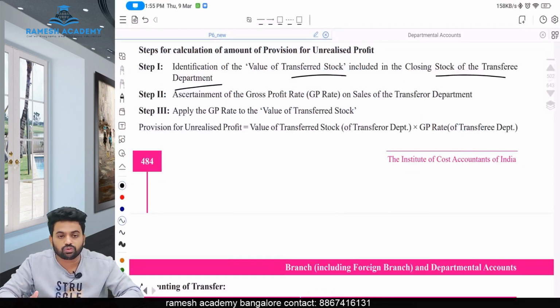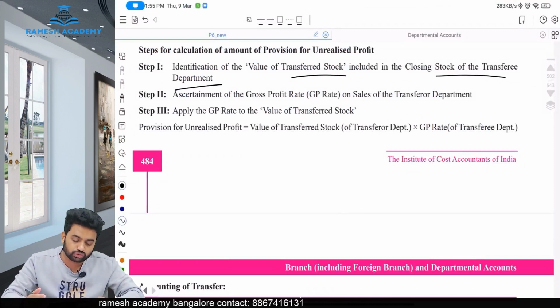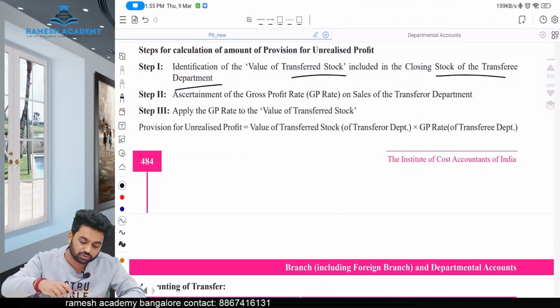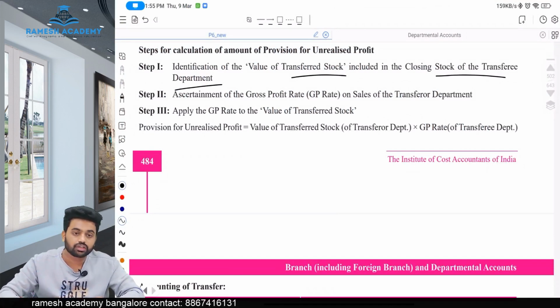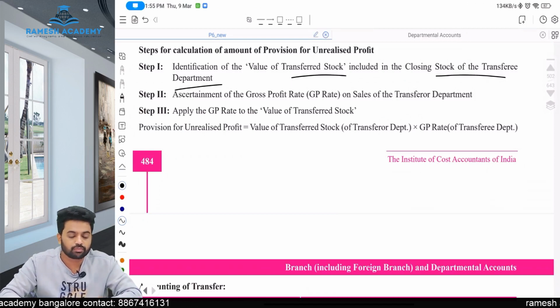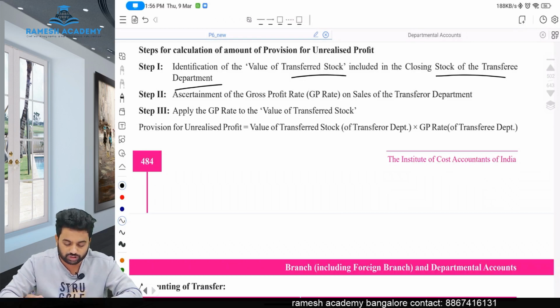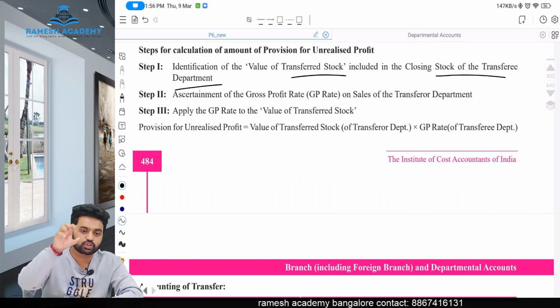We have to find the stock of such interdepartmental goods in the total closing stock. The total closing stock may not be completely from the other department; we might have purchased some also, and that is included in the closing stock too. So we have to find out how much is the portion of that.